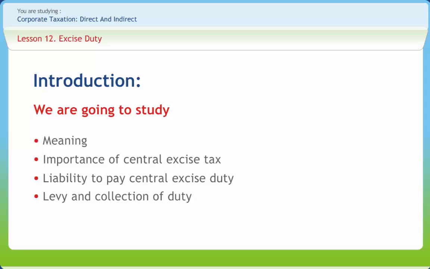A special duty of excise in addition to the duty of excise specified in Clause A above on excisable goods, excluding goods produced or manufactured in special economic zones, specified in the second schedule to the Central Excise Tariff Act 1985, which are produced or manufactured in India at the rates set forth in the second schedule.